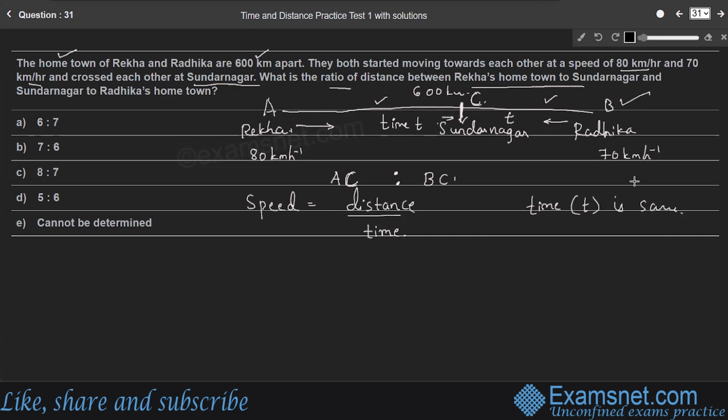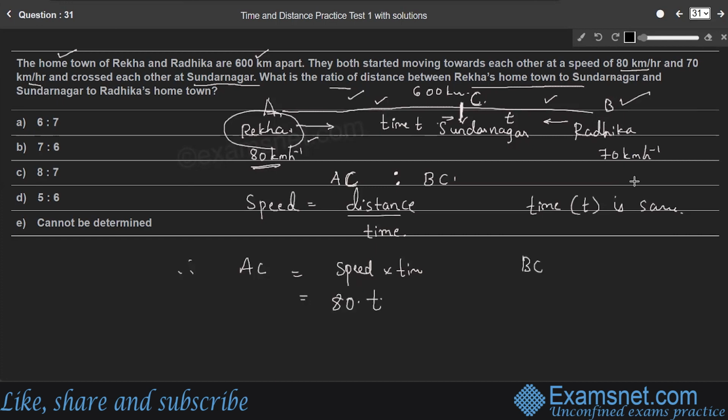Therefore, distance is speed into time. AC distance has been covered by Rekha with the speed of 80 km per hour, and she takes T hours of time.